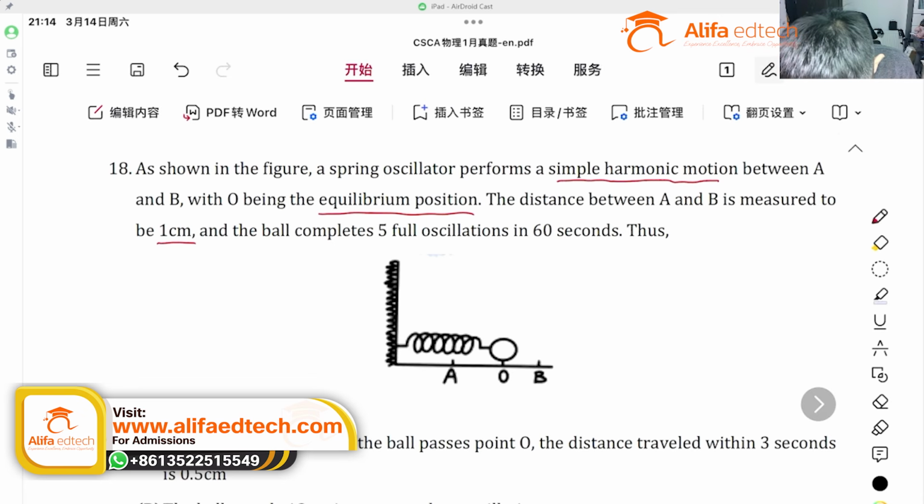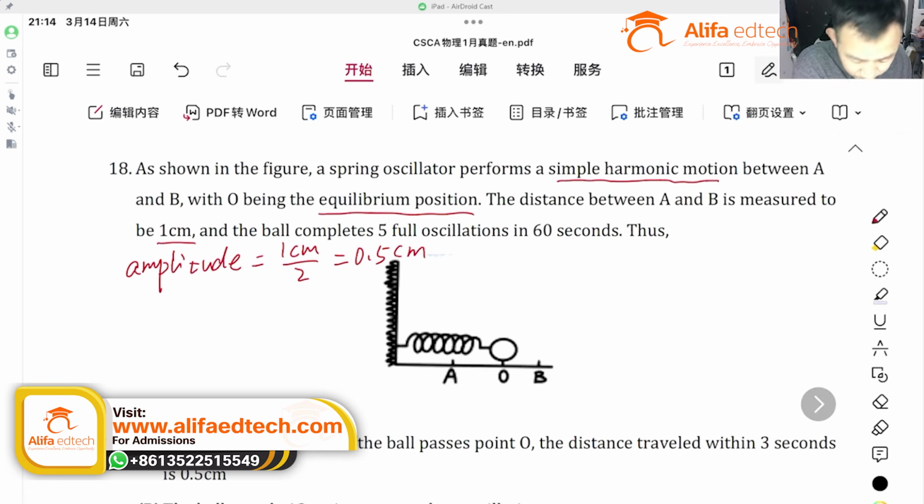So from this we can easily know the amplitude of simple harmonic motion is 1 centimeter divided by 2, which is 0.5 centimeter. And here the ball completes 5 oscillations in 60 seconds. From this we can easily know the time period of simple harmonic motion is 60 divided by 5, which is 12 seconds.